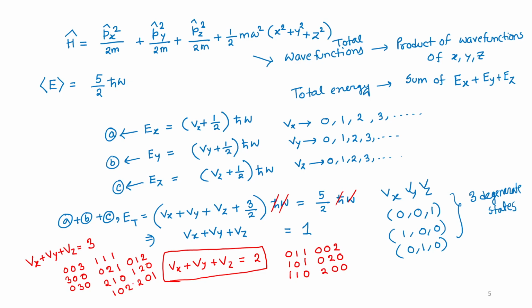And are there going to be more steps? So see, right now it is not 9 only, there are 10 degenerate states, right? If Vx plus Vy plus Vz is equal to 3, I have to look if there are more possibilities with 0, 2, 1 with each other.